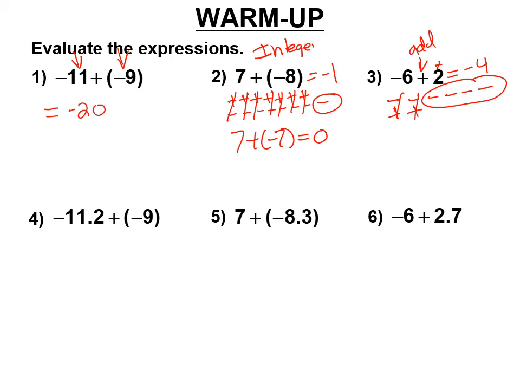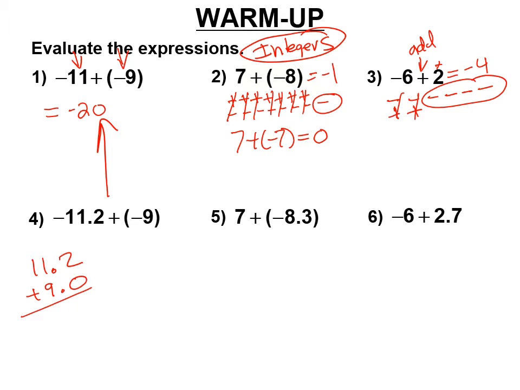Integers is the math word for positive and negative whole numbers, not fractions, not decimals. So let's go over it with decimals here. Let's first look at the one above it. It's very similar. The one above it, we had 11 negatives and 9 negatives and got 20 negatives. Now we have 11.2 negatives and 9 negatives.